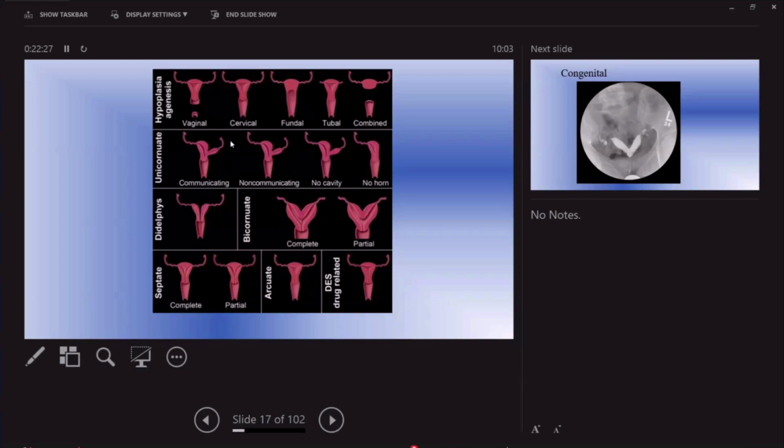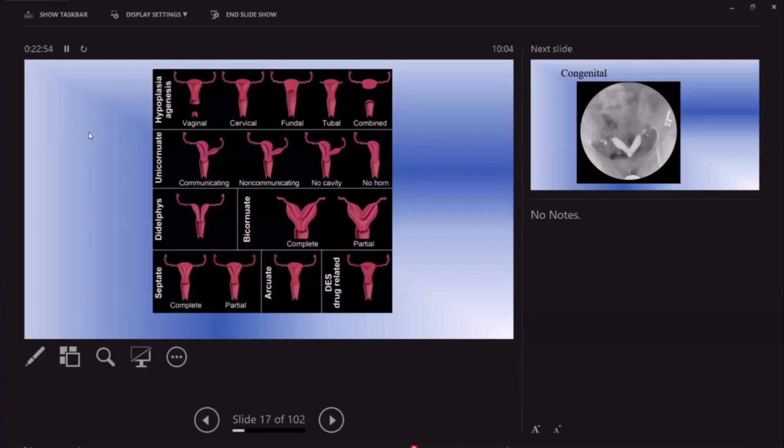So whenever I look, you have to look for the uterus, the cervix, the vagina, the ovaries, the rectum, the urinary bladder, the urethra, the pelvic side wall, and the bones. So you have to have your checklist to go over it. And once you see it, you have to identify, is each organ available or not?